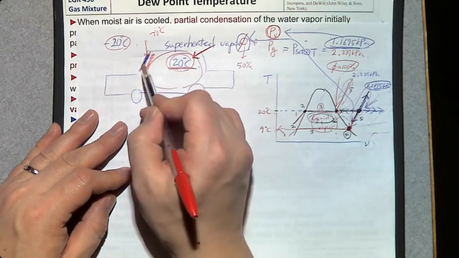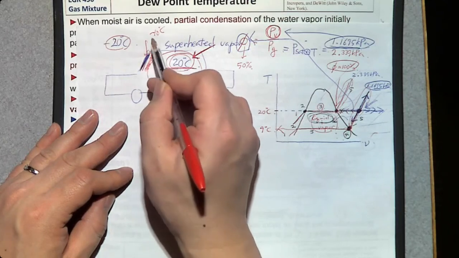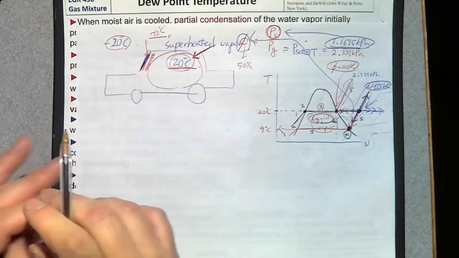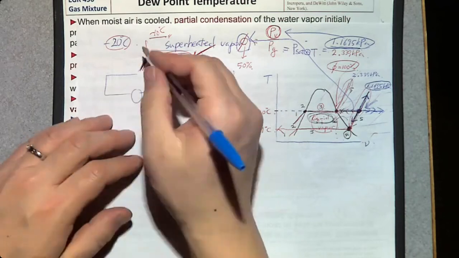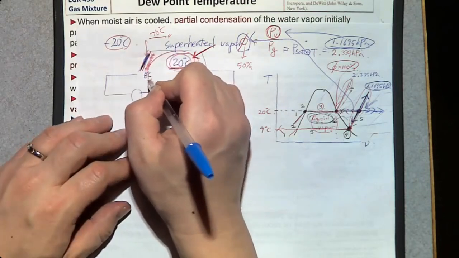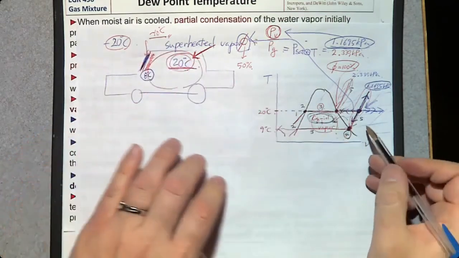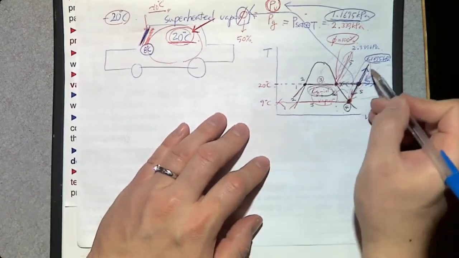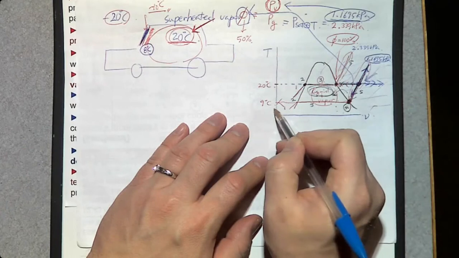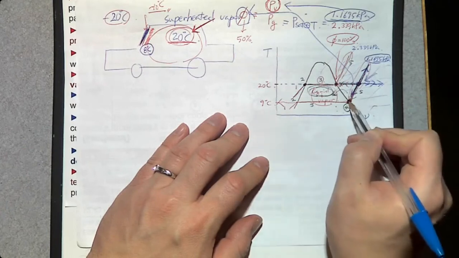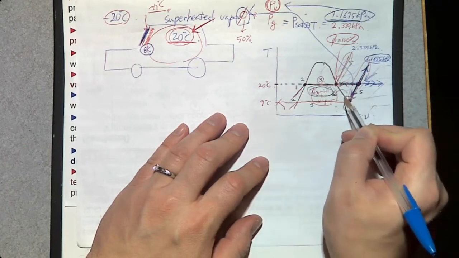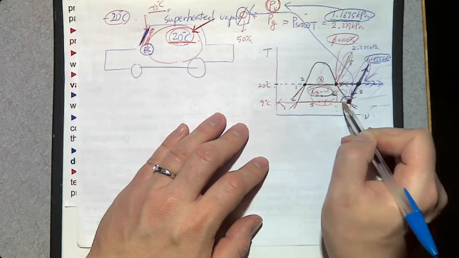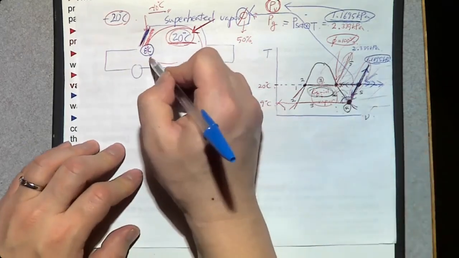It is very close to this windshield, which is at minus 10 degrees Celsius. So let's say it is 8 degrees Celsius. Then where is 8 degrees Celsius? On this line. It cannot be here anymore. So it's going to cross this saturation line. That means that there should be condensation.